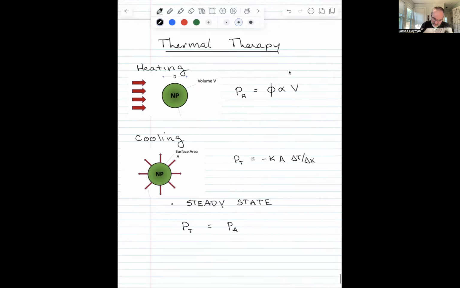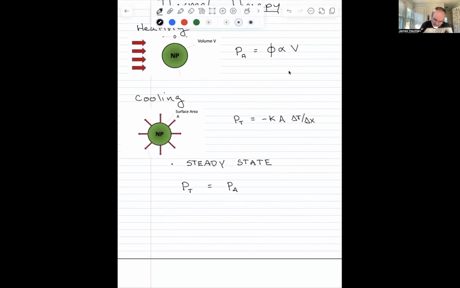So P_T is equal to P_A. And so that means that minus K A dT/dx is equal to phi times alpha times V.